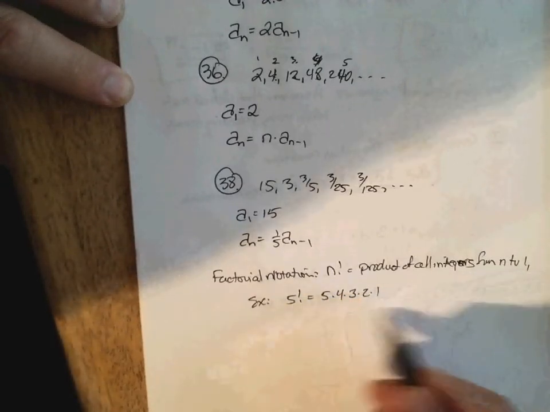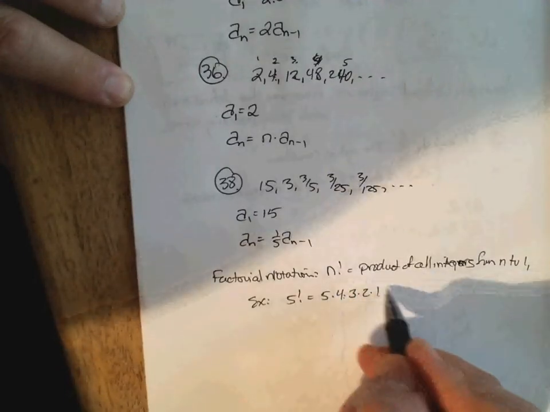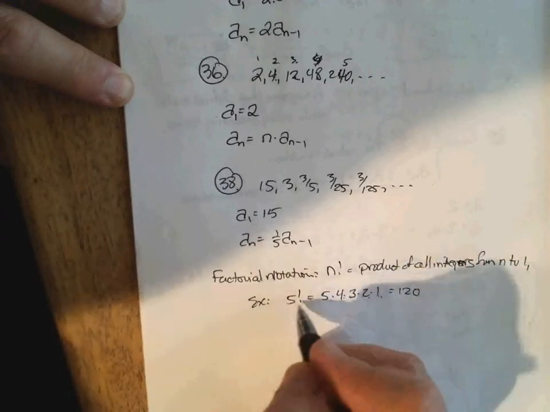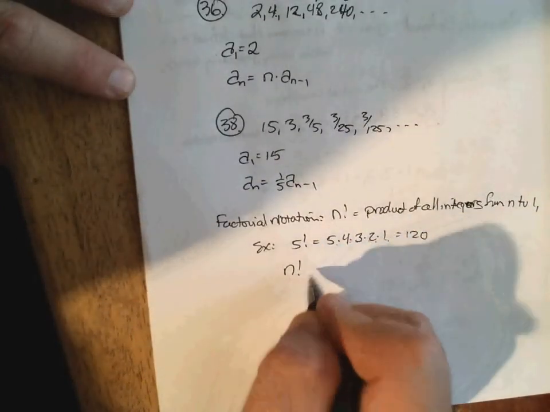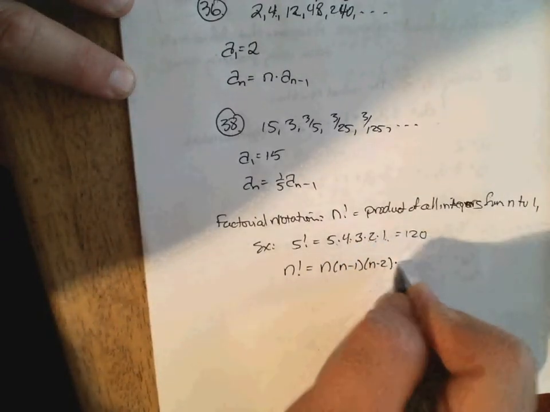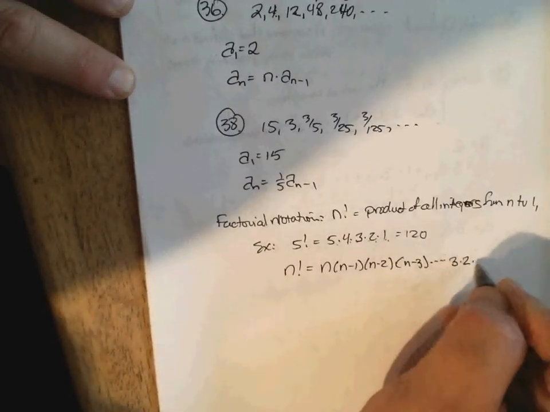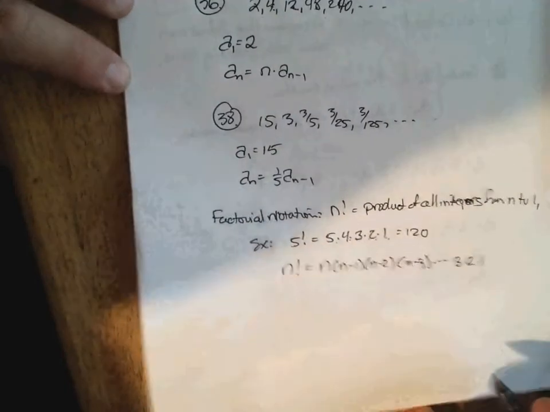It's just a shorthand notation for all the whole numbers from this number down to 1 multiplied together. These are all factors of the product, 120, right? All these are factors of 120. Okay, that's why it's called factorial notation. Or more generally, n factorial is n times n minus 1 times n minus 2 times n minus 3, all the way down, 3, 2, 1.